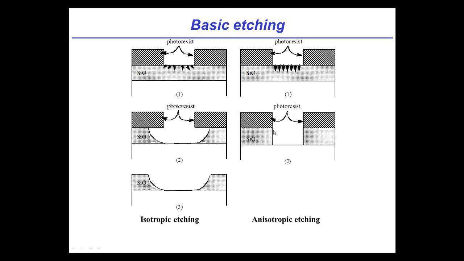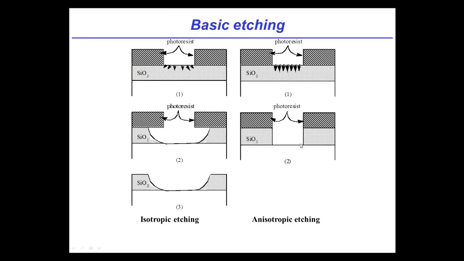We've exaggerated this and picked some magical etchant that only goes straight down, leaving SiO2 completely unetched in the lateral directions. This is unlikely. Even the most anisotropic etchants will undercut slightly, but in a perfect anisotropic etchant, as a counter to a perfect isotropic etchant, you won't get any undercut. You're only etching in the down direction, so to speak.